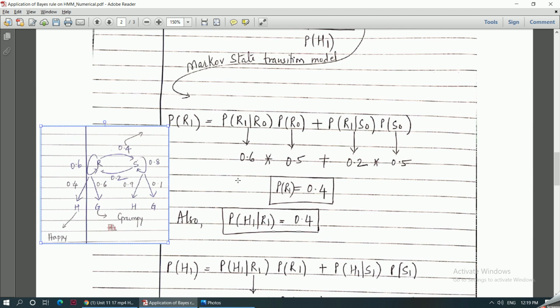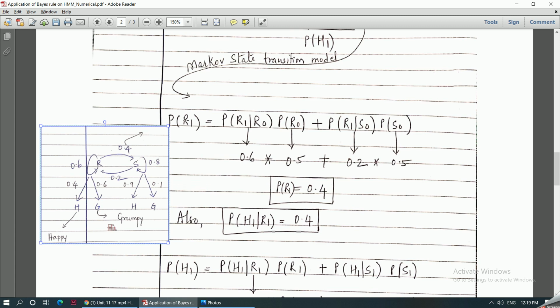Now this we can find out. So what is this R1? That means we have to find. So we will be looking at the arrow towards R, which is nothing but 0.2, into probability of S0, which is 0.5, which is again given in the question.